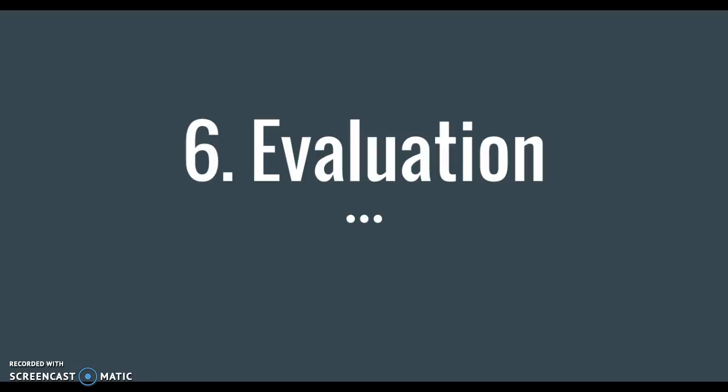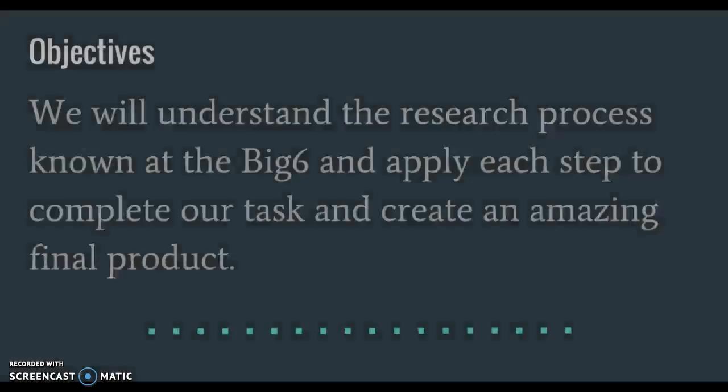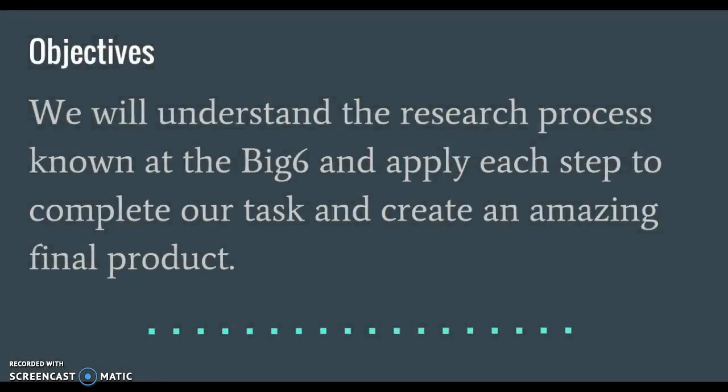The research process doesn't just always go straight from step 1 to 6. Sometimes you kind of have to go back and cycle through some of the steps to make sure that you really did answer the question and find the information that you needed to present it in a way that makes sense to others.